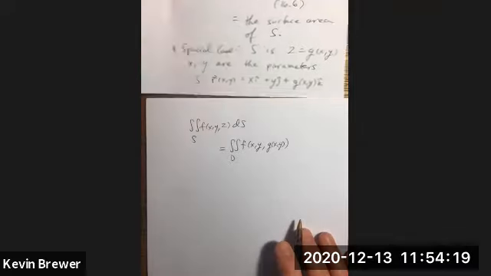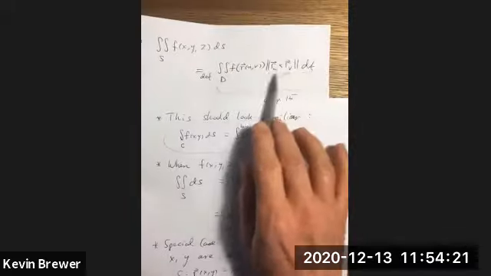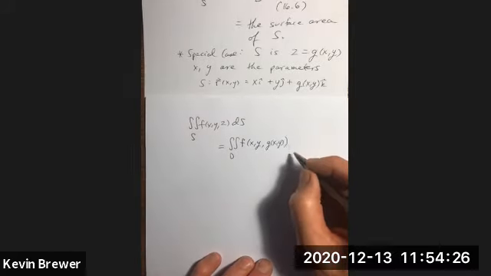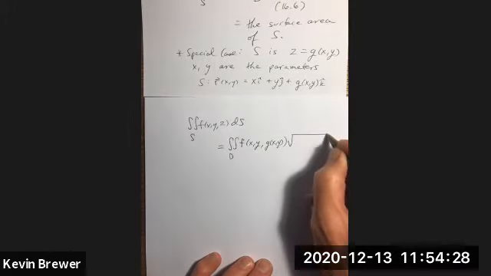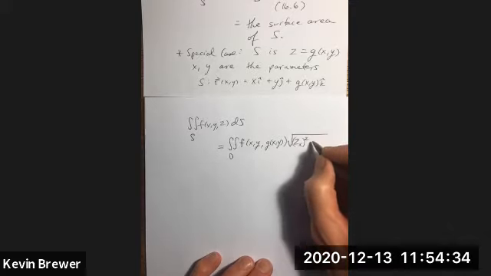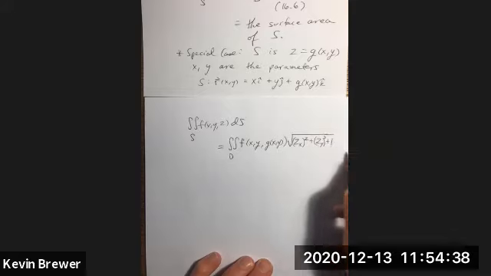Then I multiply by the magnitude of the cross product, which we calculated more than once in the previous section: the square root of z sub x squared plus z sub y squared plus 1, dA.